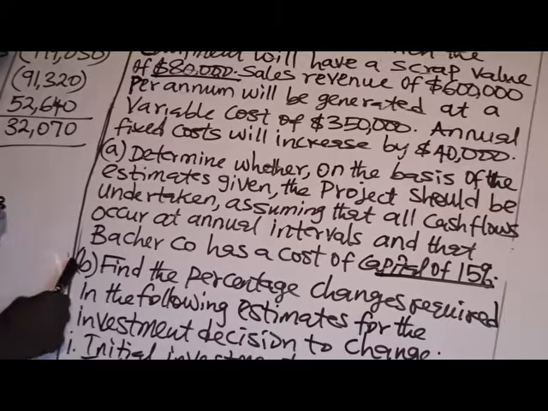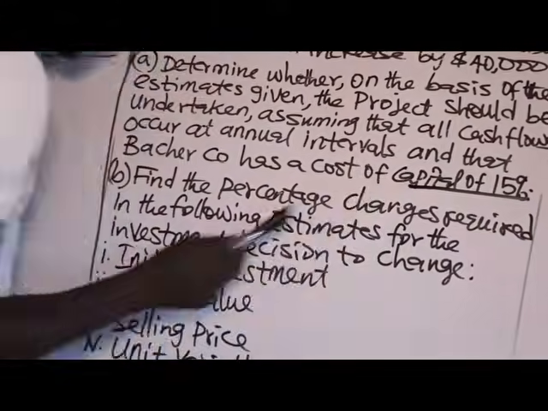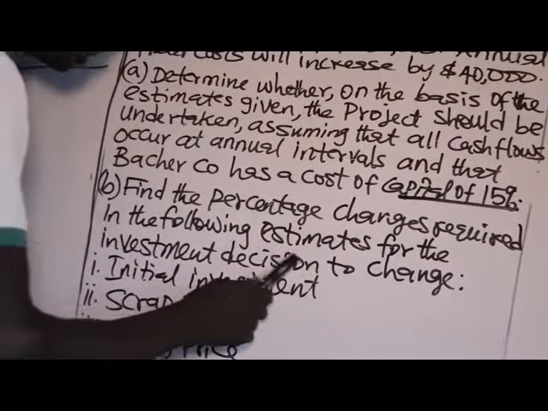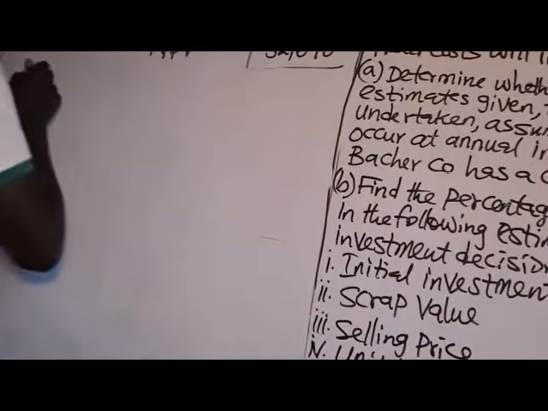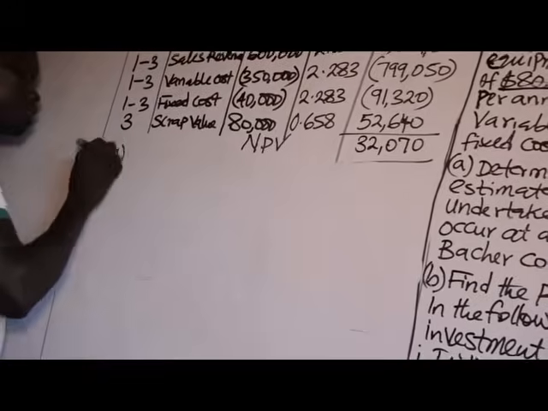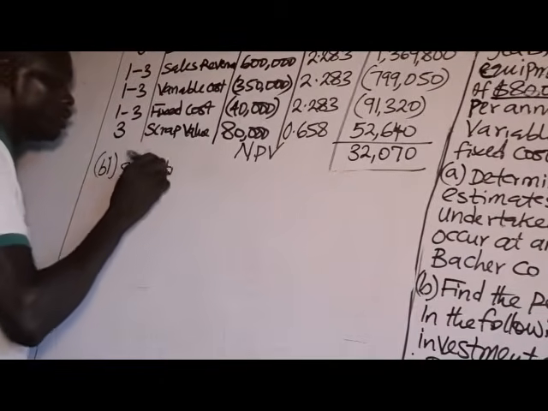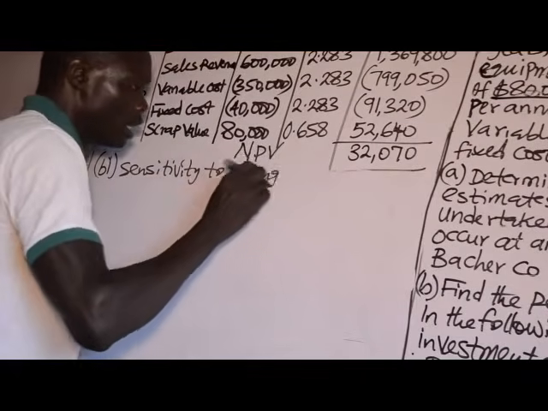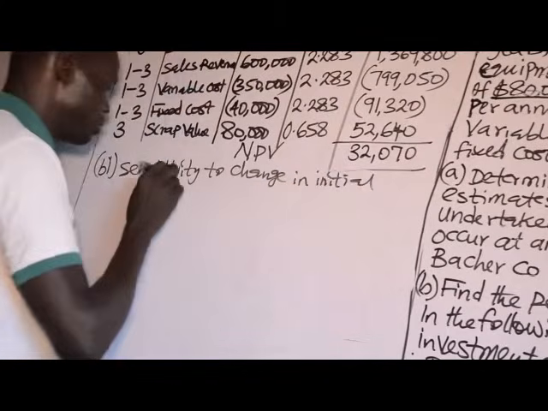Now back to requirement B. Find the percentage changes required in the following estimates for the investment decision to change. B1, sensitivity to change in initial investment.